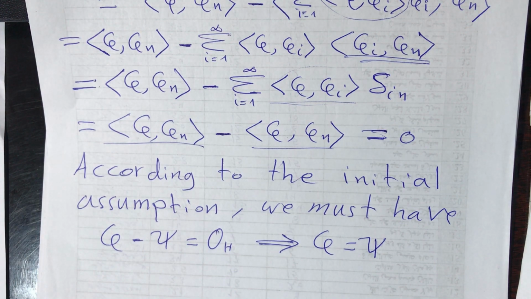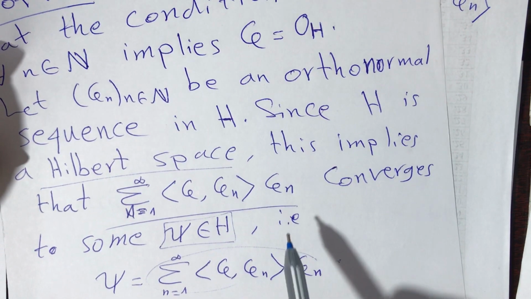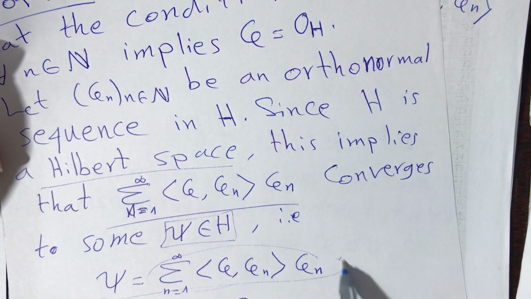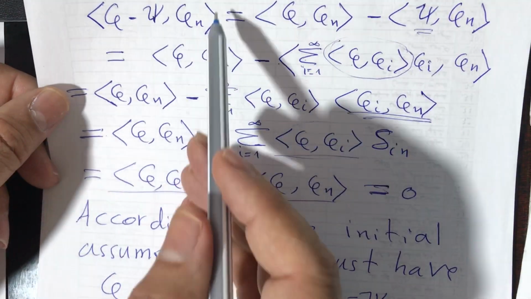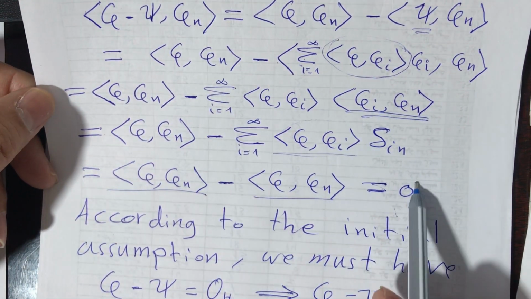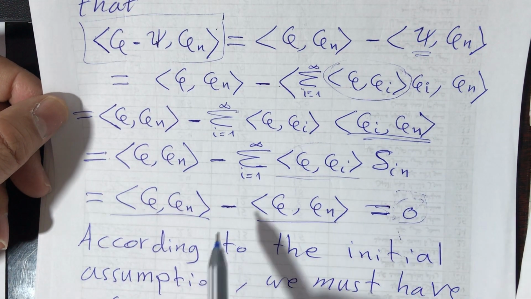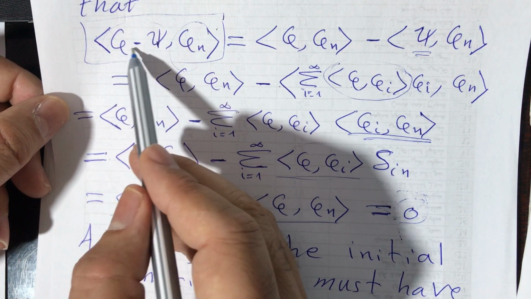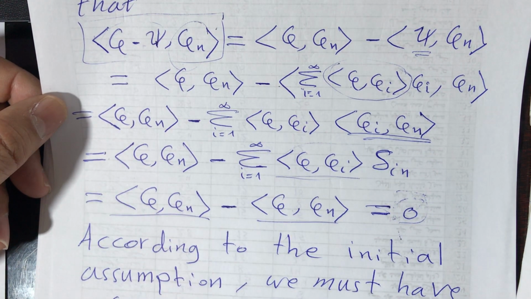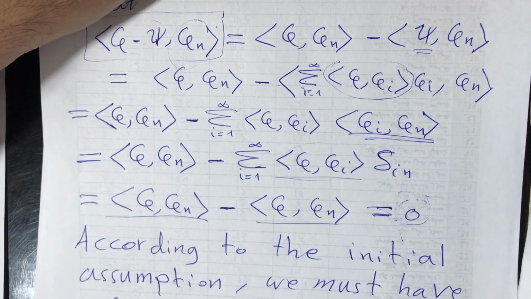Assumption, because phi n is not 0, this is equal to this, and this is 0 equality, so we get this is equal to 0, and phi n is not 0, so we must have this 0. If this is 0, then phi equals psi.